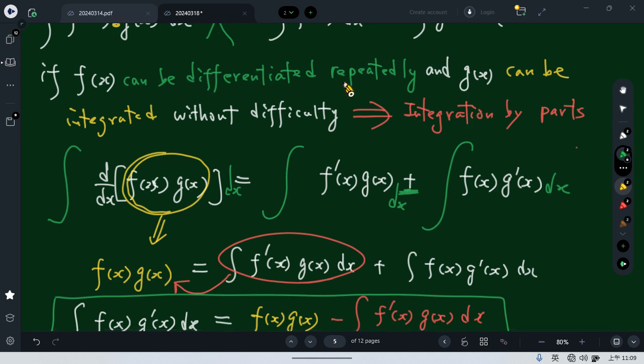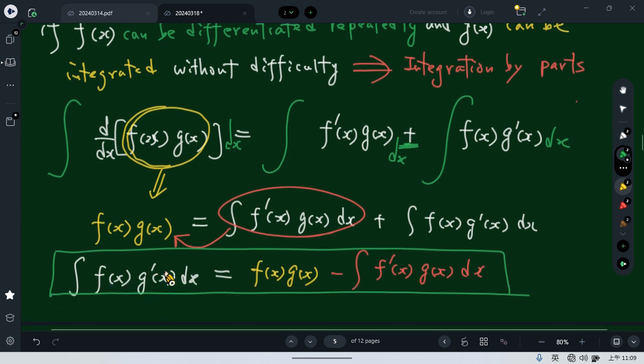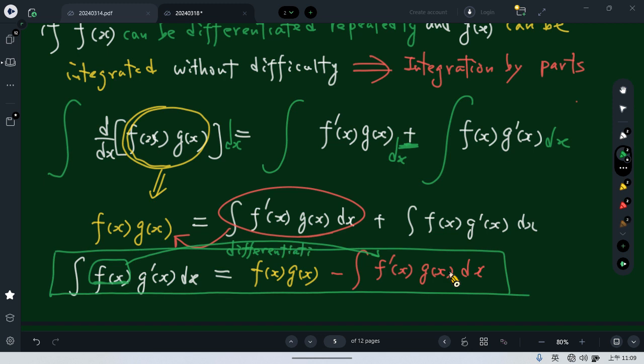But from the g prime x viewpoint, we face another new integral form about g of x. From g prime x to g of x, here we are talking about integration.